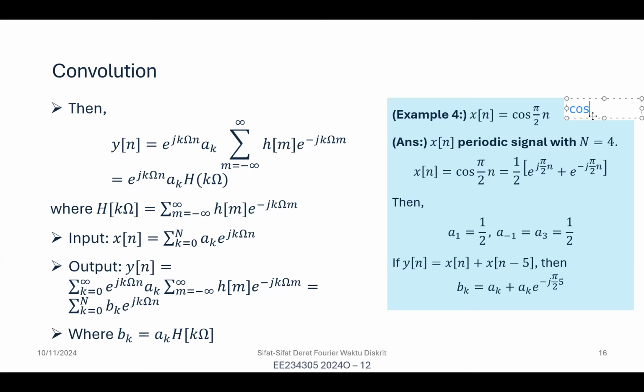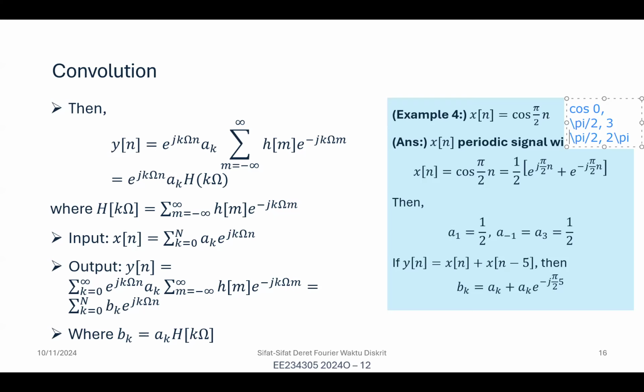So we go through 0, pi over 2, 3 pi over 2, then 2 pi, and you can see that this is the entire period of the signal.